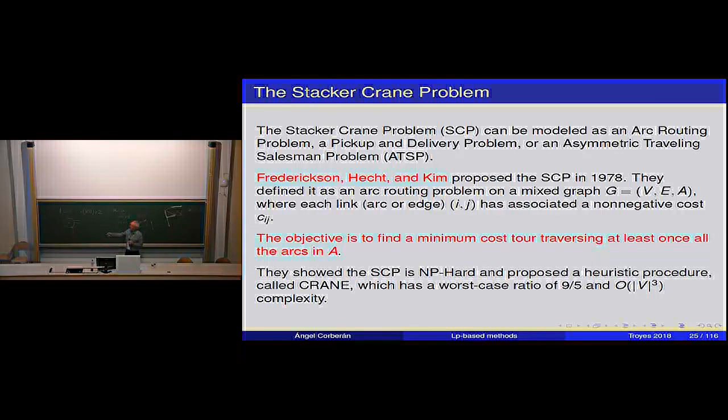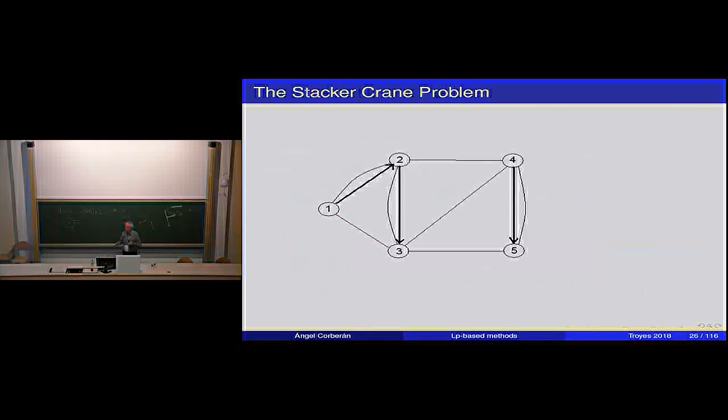The people proposing the stacker crane problem, Frederickson, Hecht and Kim, in 78, define it as an arc routing problem on a mixed graph, where each link has an associated non-negative cost, and they define it as finding a minimum cost tour traversing at least once all the arcs defined by the movements of the crane.